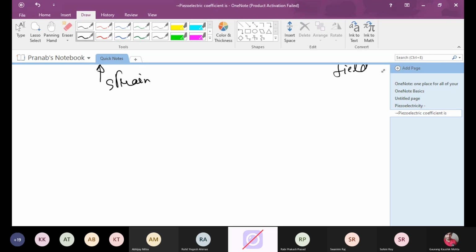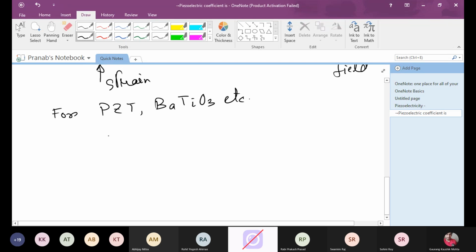Like for the direct effect, we have to identify the directions which are the sensitive directions, like say for BZT or barium titanate, etc. This is one example.